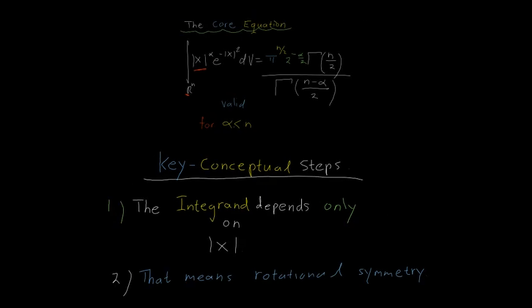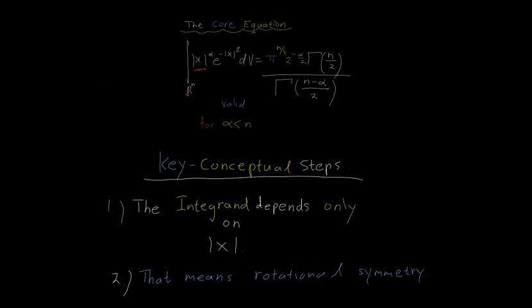I've written it down as rotational symmetry. So number two, that means we have a rotational symmetry. Automatically, if you have an integral of the absolute value of x raised to some arbitrary exponent, let's say alpha in this case, you have to deal with rotational symmetry. That's good to know.